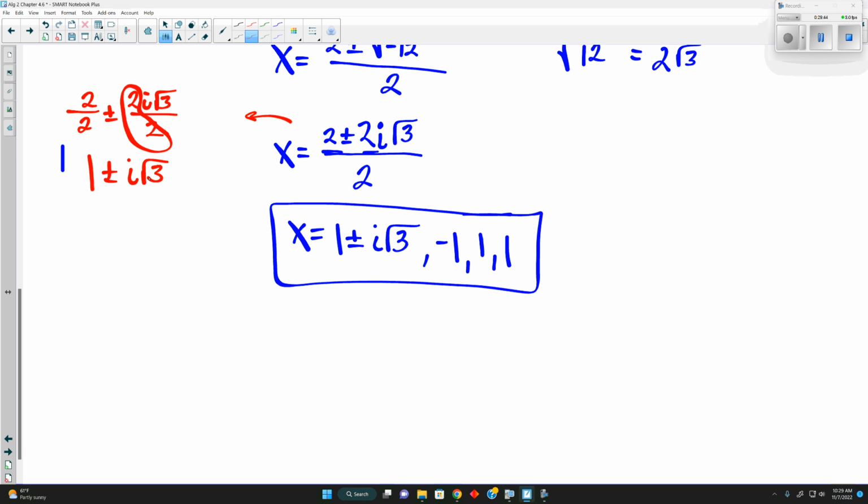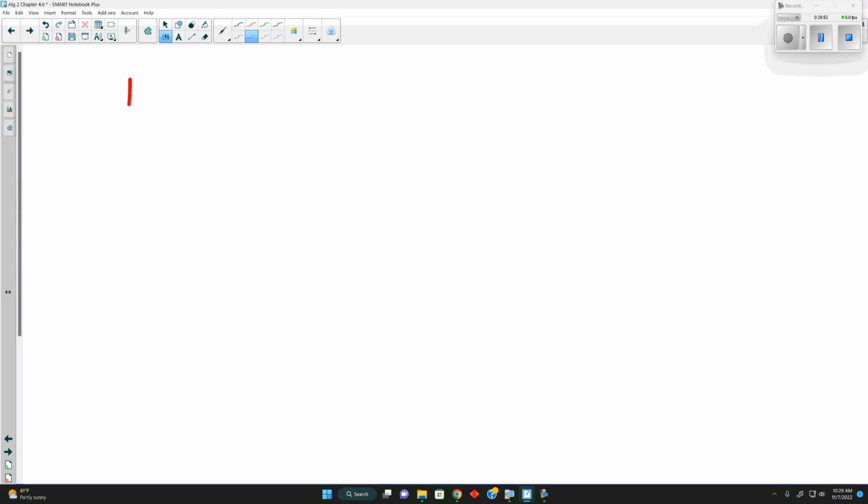Now on the ACT, they might sometimes put their answer in this broken out form. An example of this would be 14 plus or minus 15i square root of 3 all over 2. Will all three numbers divide by 2 evenly?